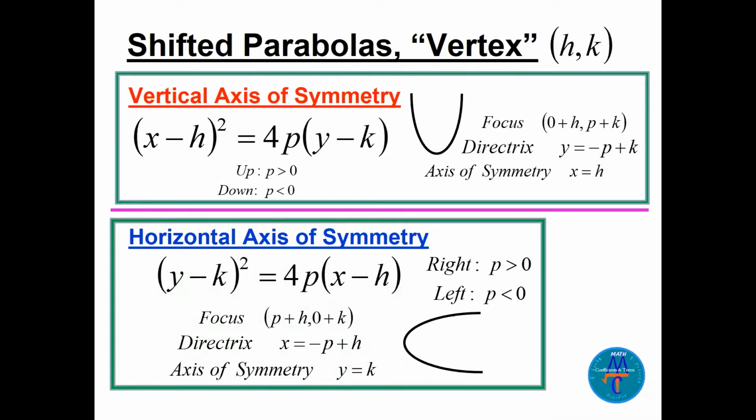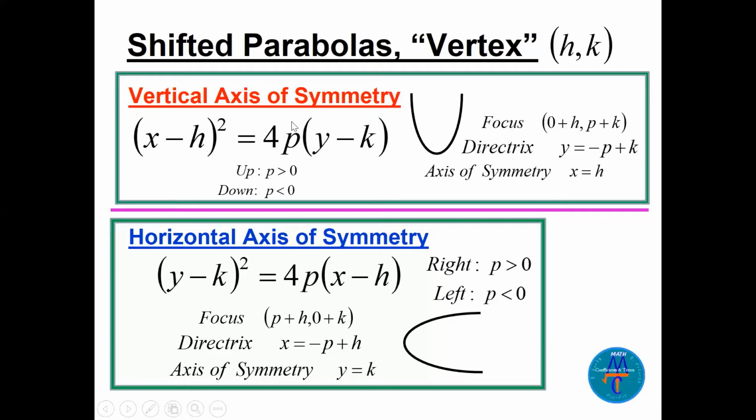As you can see here in the first slide, there are vertical parabolas, so they are opening up or down. It depends on p: up for p positive, down for p negative. The equation that we use here is (x minus h) squared equals 4p times (y minus k).